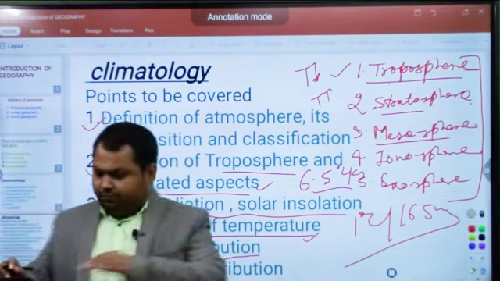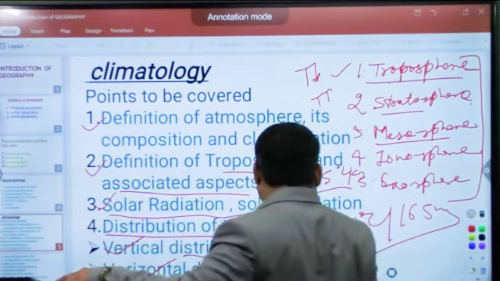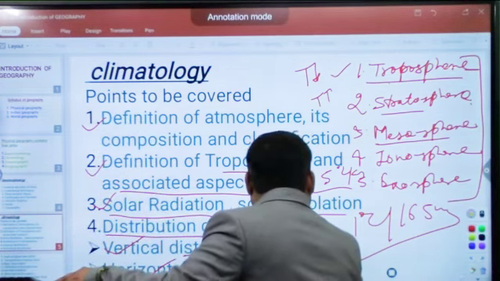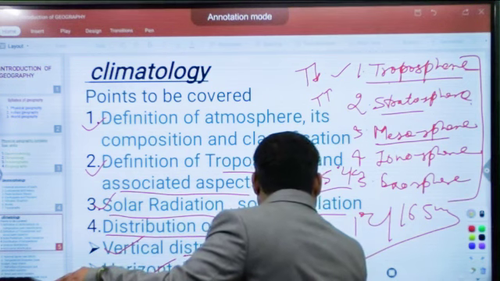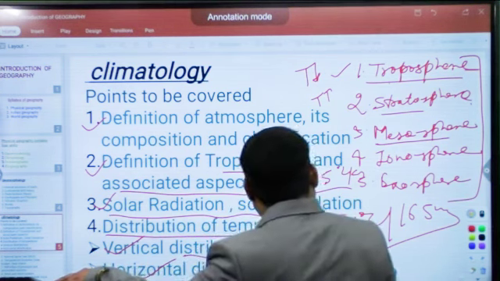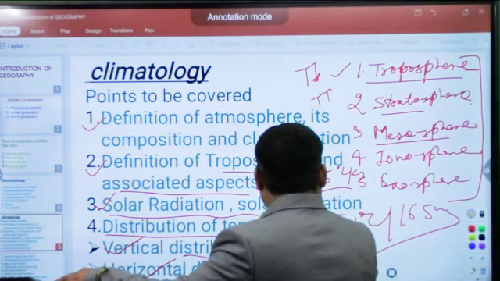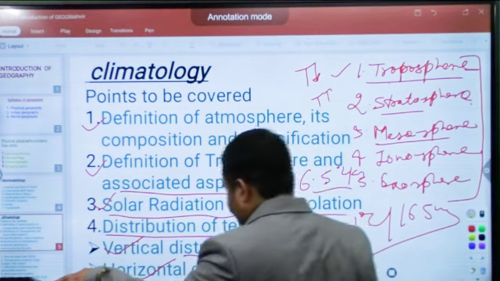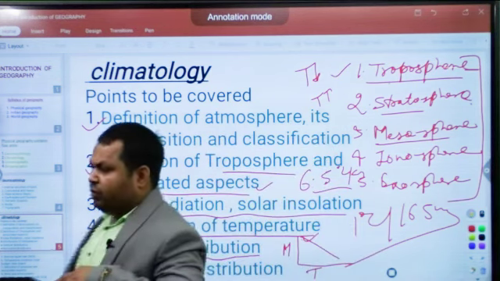So if we draw a graph related to height, temperature is going to reduce with height. Why?